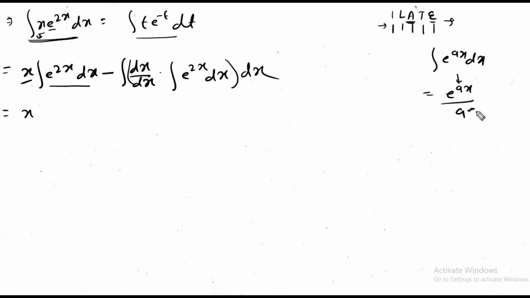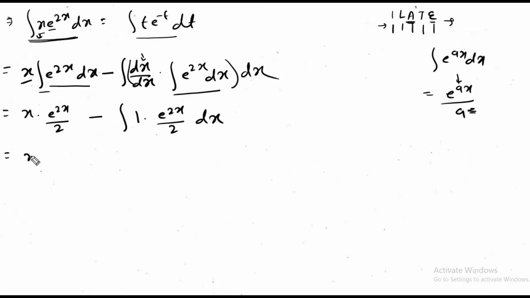So using this technique, e to the power 2x upon 2, okay, minus, if we differentiate x with respect to x, the solution becomes 1, okay, and this integration is of this type, so we can write e to the power 2x upon 2 into dx.